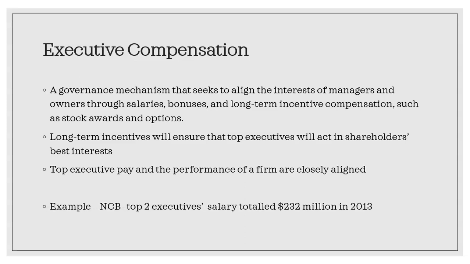So for example, the top 2 executives' salary at NCB in 2013 totaled $232 million. And that was 7 years ago, so I'm sure that that figure is a lot more than it was in 2013. So the top 2 persons in the organization, their annual salary was $232 million.